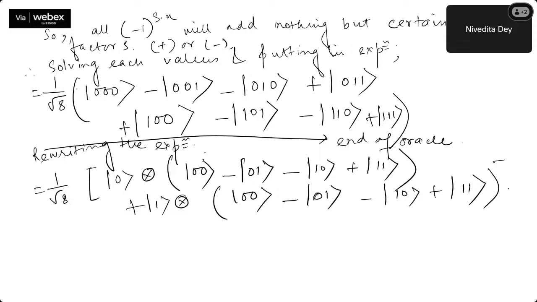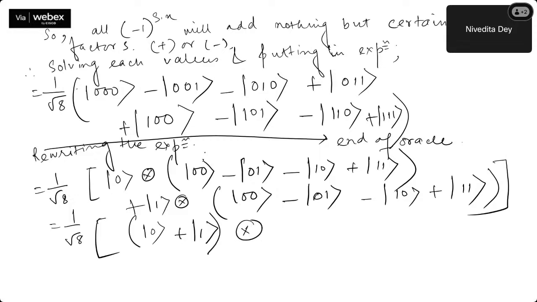This entire thing. So it will be 1 by root 8 times, you can write it this way, ket 0 plus ket 1 product this entire thing, which is ket 00 minus 01 minus 10 plus 11.